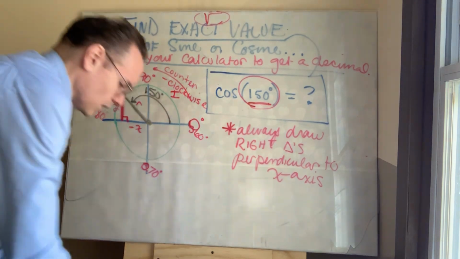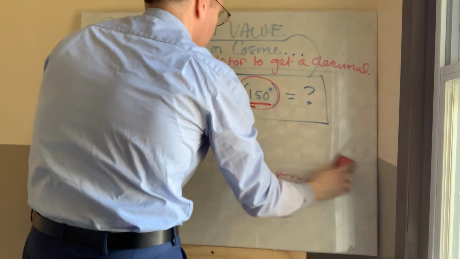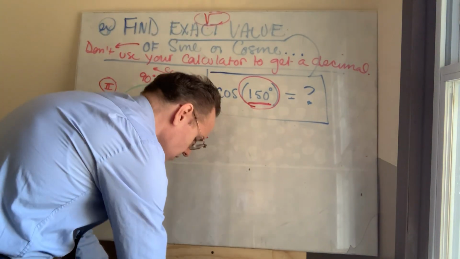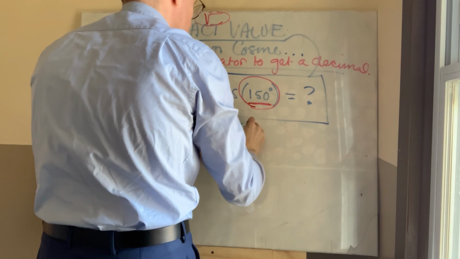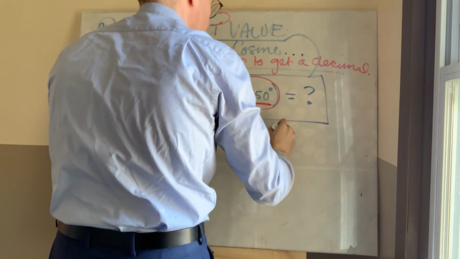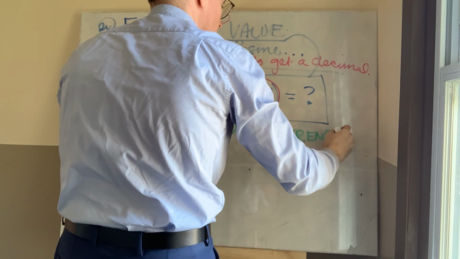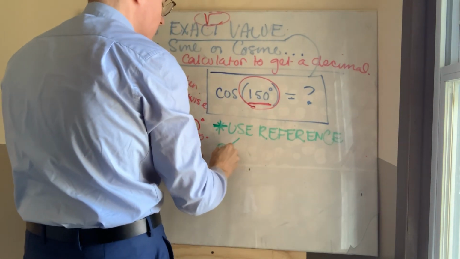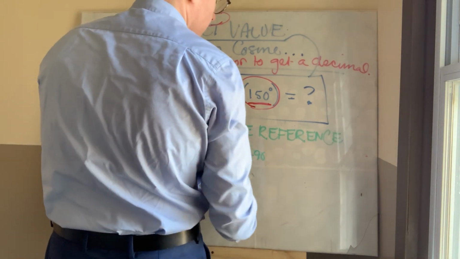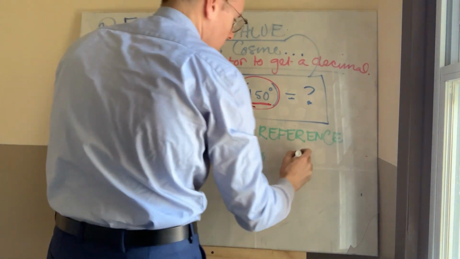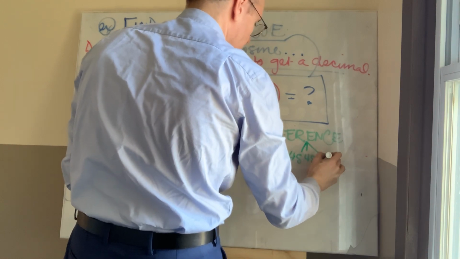All right, now moving on. We need a reference angle. We're going to basically use a reference: either the 30, 60, 90 triangle, or the reference will be the 45, 45, 90 triangle.